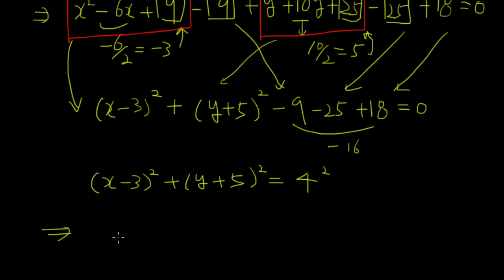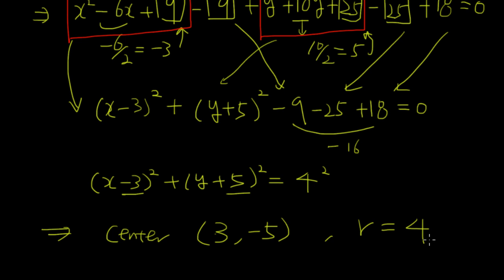So center is going to be, remember, the opposite, right? So it'll be positive 3 and negative 5, and the radius is going to be 4, right? Okay.